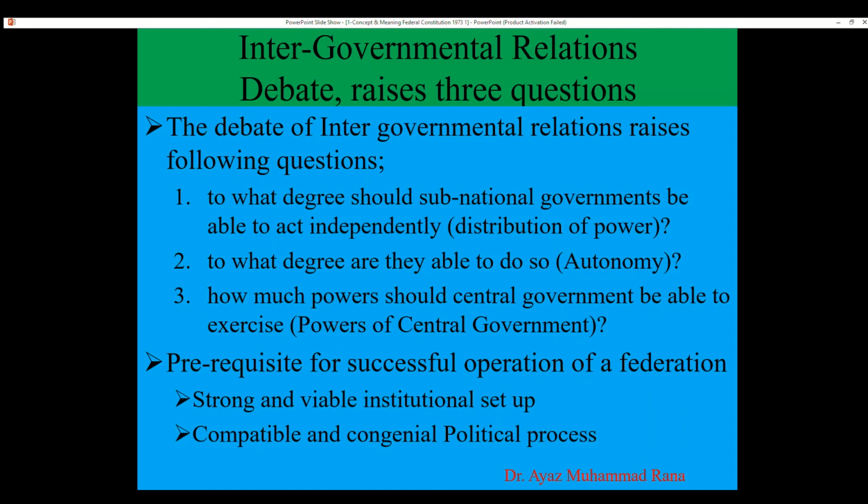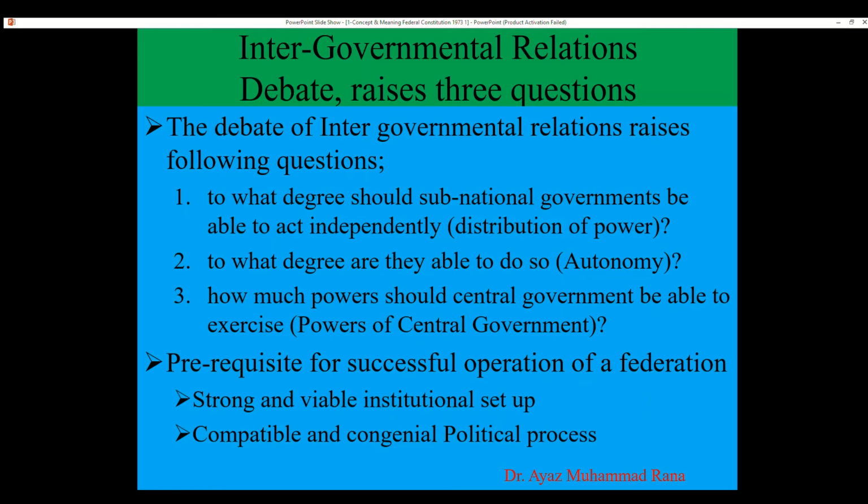Intergovernmental relations in a state are a very important aspect. This debate of intergovernmental relations raises three questions. Number one, to what degree should subnational governments be able to act independently?